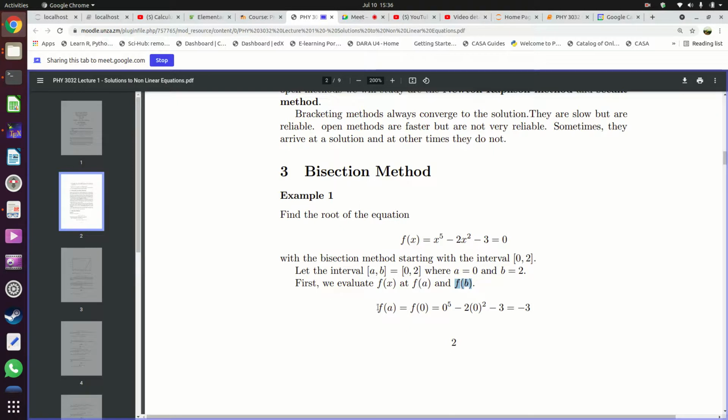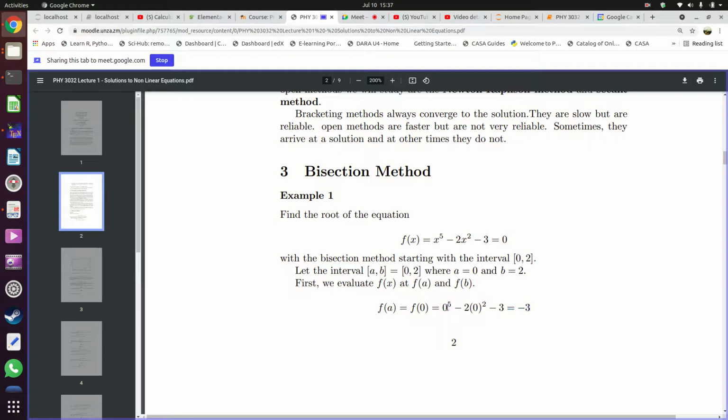So in this case, our f is f of x equals x to the power 5 minus 2x squared minus 3. So f of A, which is equal to f of 0, because A is 0 here. Are we clear? That's going to be 0 to the power 5 minus 2 times 0 to the power 2 minus 3, and this is going to give us minus 3.